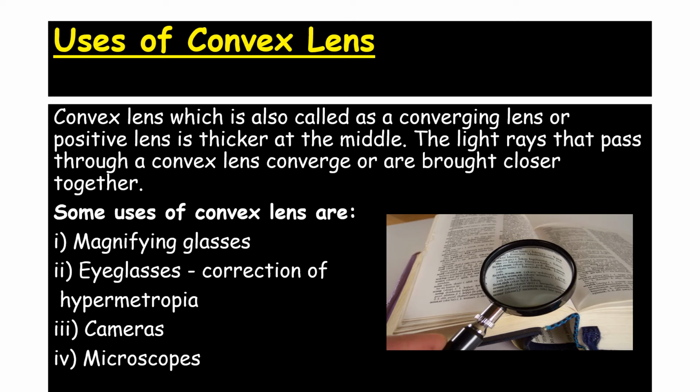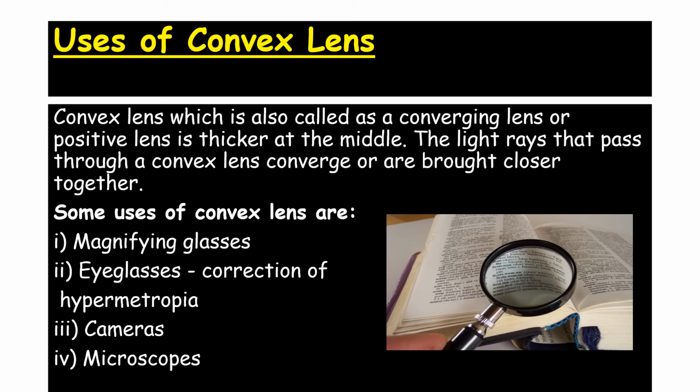Uses of convex lens. Convex lens is also called a converging lens or positive lens. It is thicker at the middle. The light rays that pass through a convex lens converge, meet, or are brought closer together. So what are the uses of convex lens? It is used in magnifying glasses.